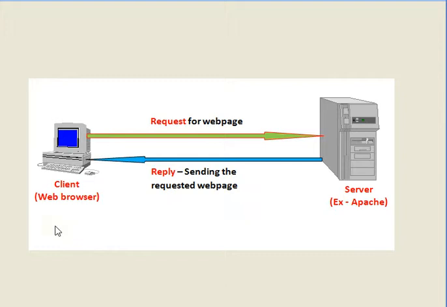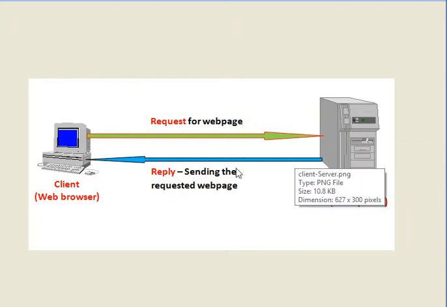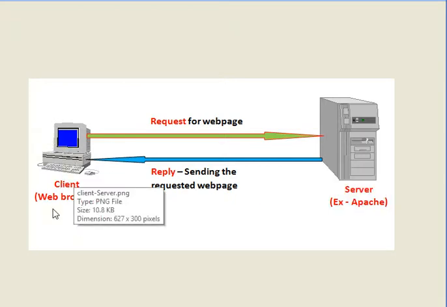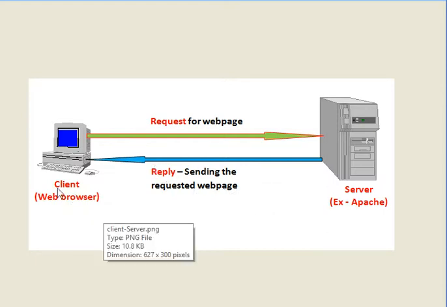After hitting enter, the browser, acting as a client, will send a request for a web page, the google.com web page, to the Google server, and the Google server retrieves that requested web page and sends it as a reply to the client PC, where the browser interprets that reply and shows it to the user.